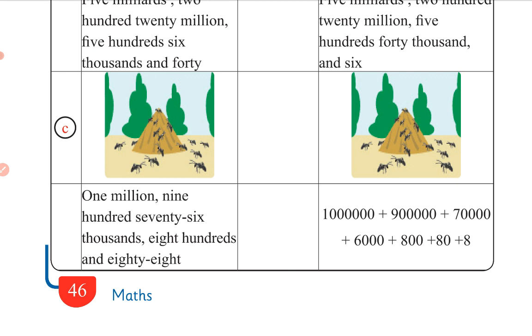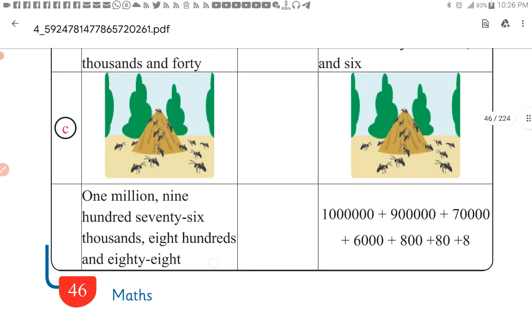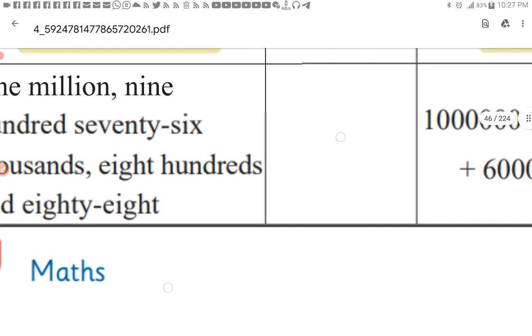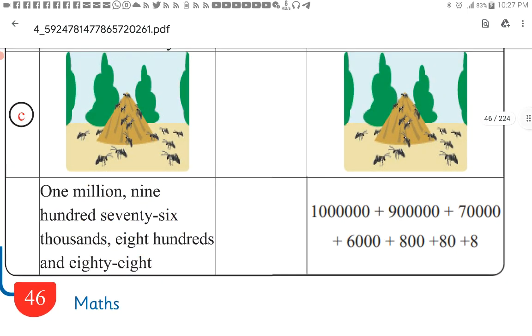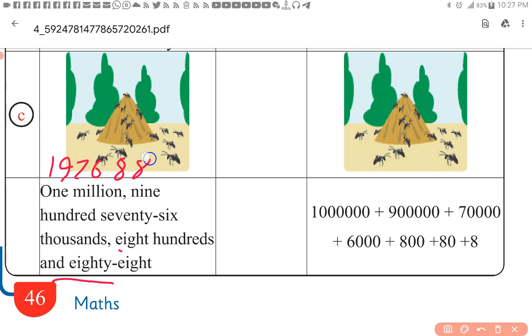Here, one of the two numbers is in words and the other in expanded form. This number is in words, and this one is in expanded form. Start to write the numbers first. The number in words: 1 million, then 976,000, 888.